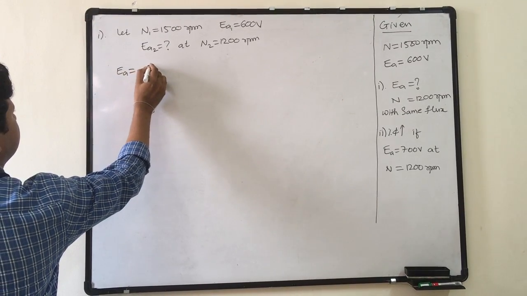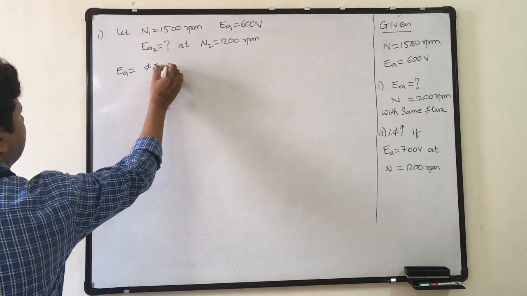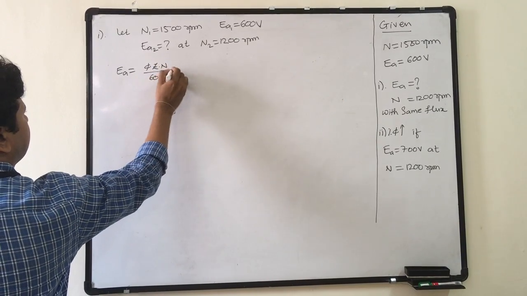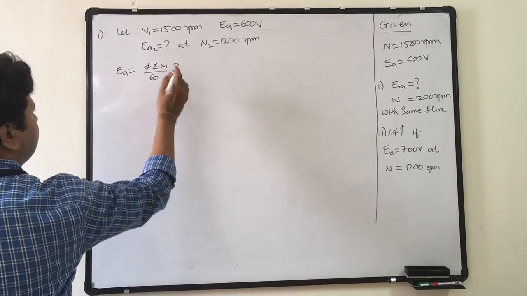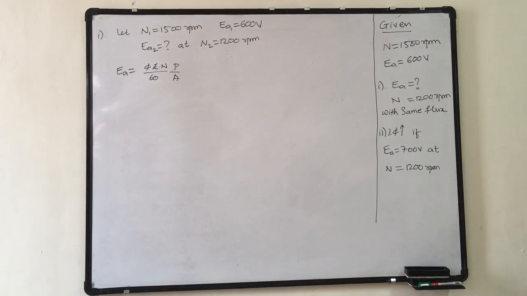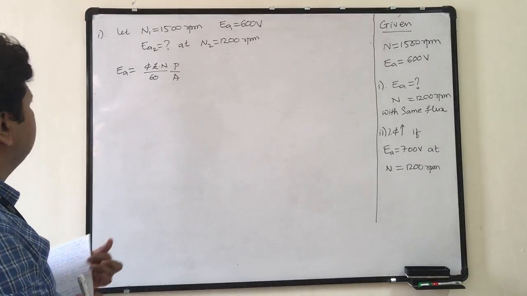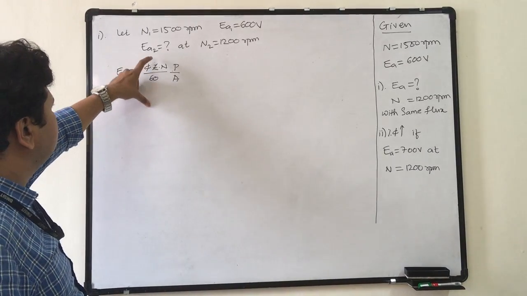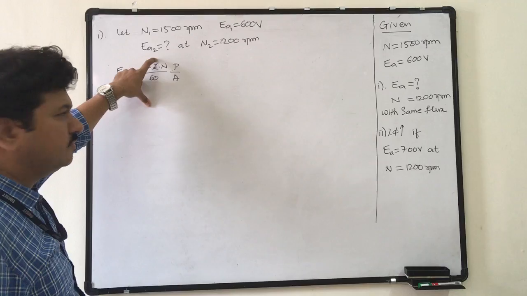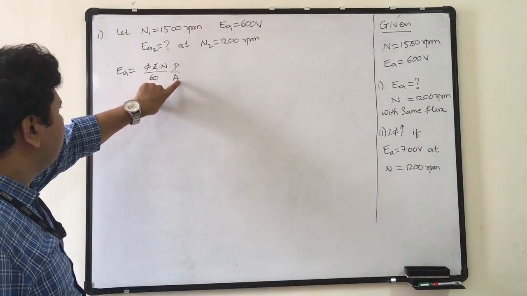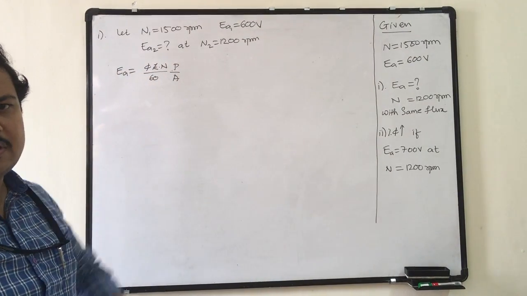EA is equal to phi Z N by 60 into P by A. In yesterday's class we already saw that for a given machine, the number of conductors, poles, parallel paths, and 60 all remain constant.